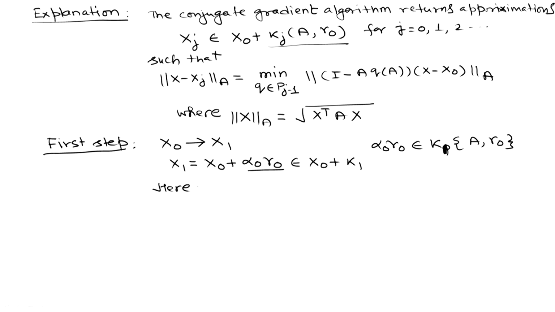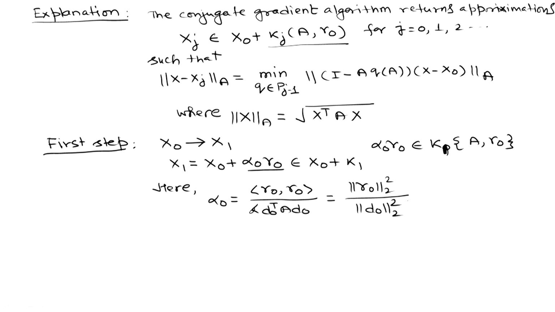Here alpha 0 will become r 0 transpose r 0 upon d 0 transpose A d 0, and this is nothing but the square of the norm of r 0 upon square of the norm induced by the matrix A on the vector d 0, and it cannot be 0 because r 0 is not 0.